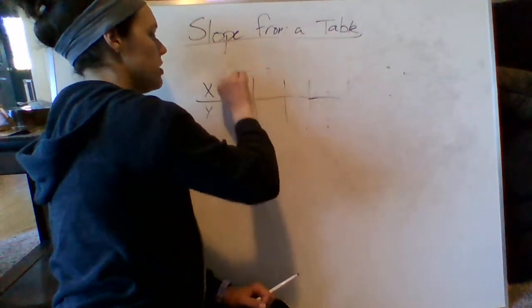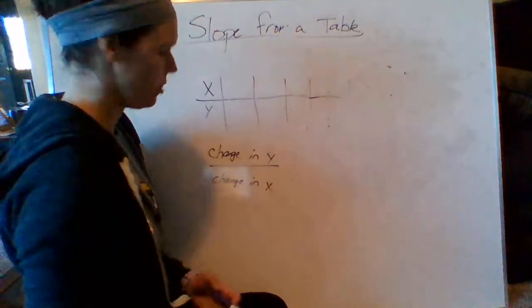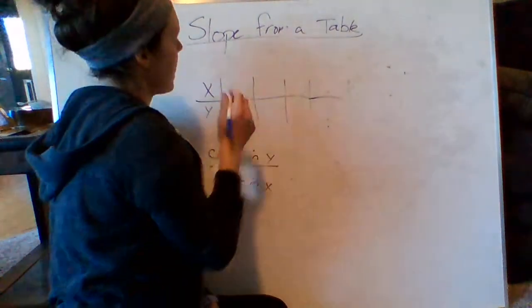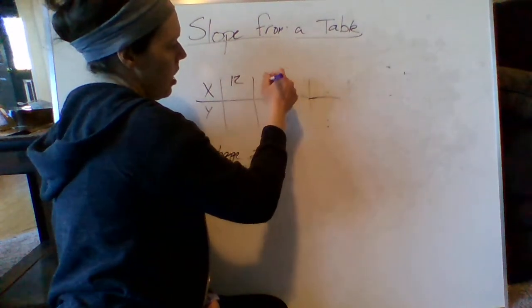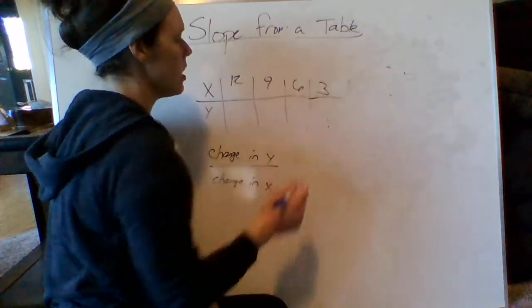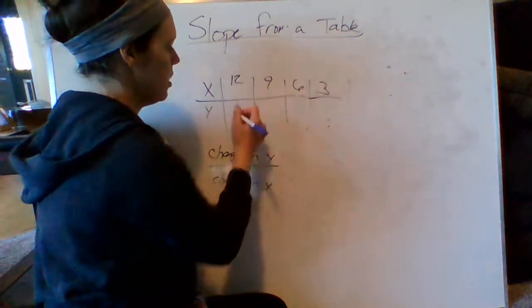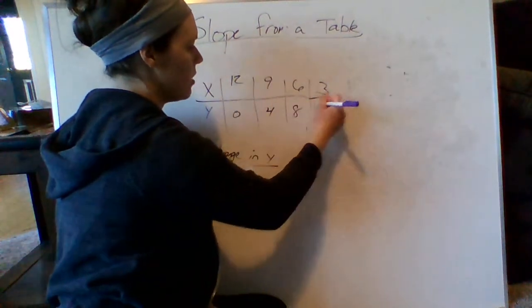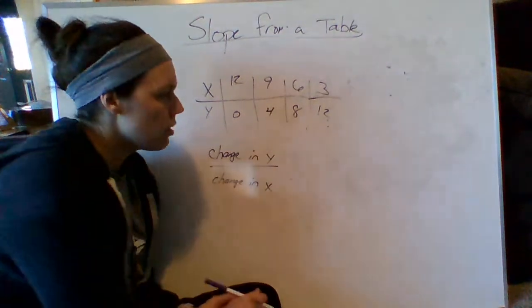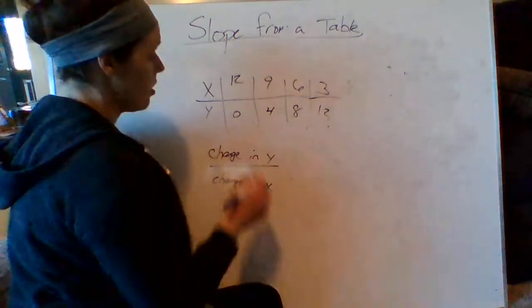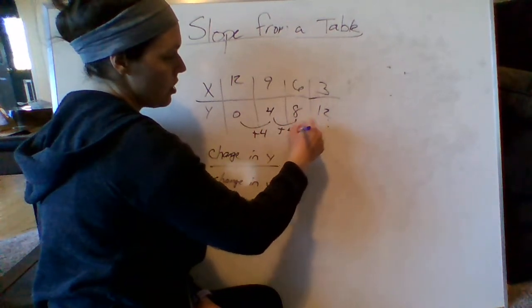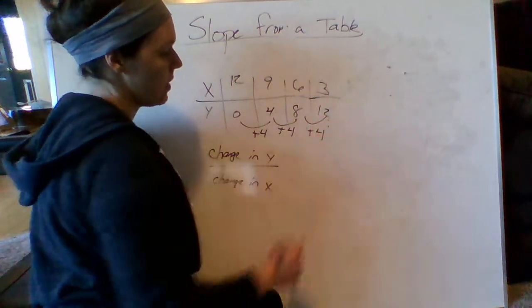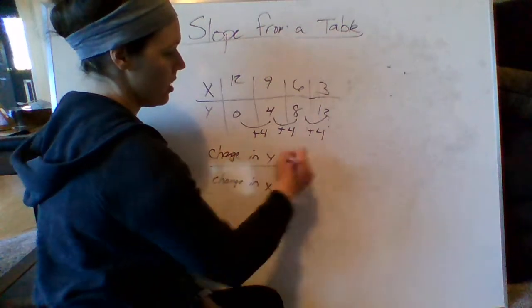Let's say your x's are 12, 9, 6, and 3, and your y's are 0, 4, 8, 12. Start with your y's. I like to do plus 4, so I can tell that they all go up the same. Change in y is 4.